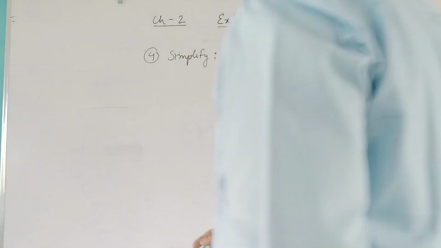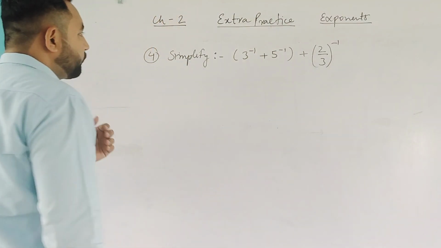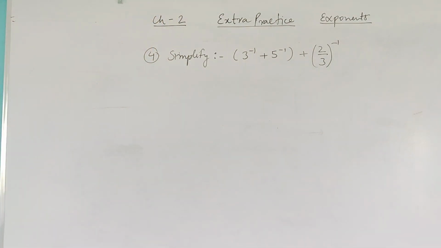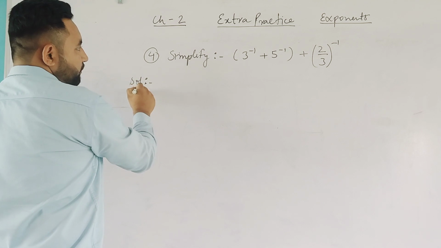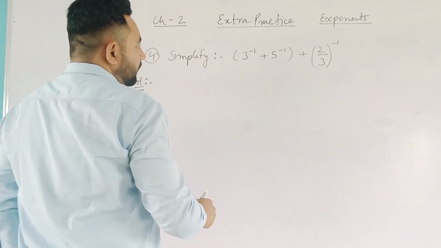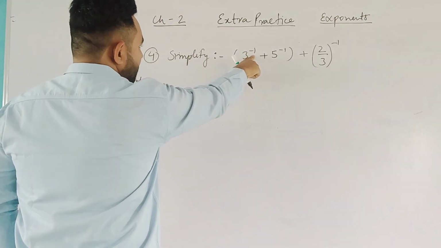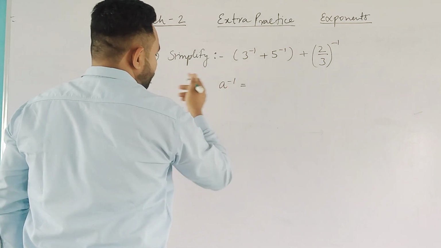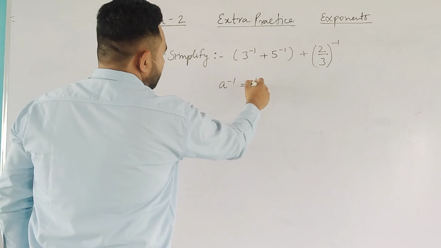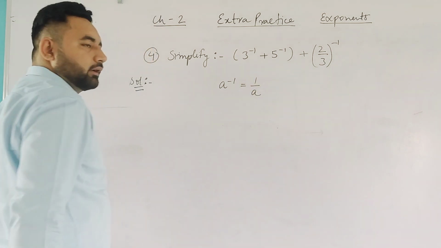So your next question is simplify: 3 to the power minus 1 plus 5 to the power minus 1 plus 2 upon 3 to the power minus 1. So you have to simplify it. First of all, you see 3 to the power minus 1 is written over here. If I write a to the power minus 1, what will it become? 1 upon a.